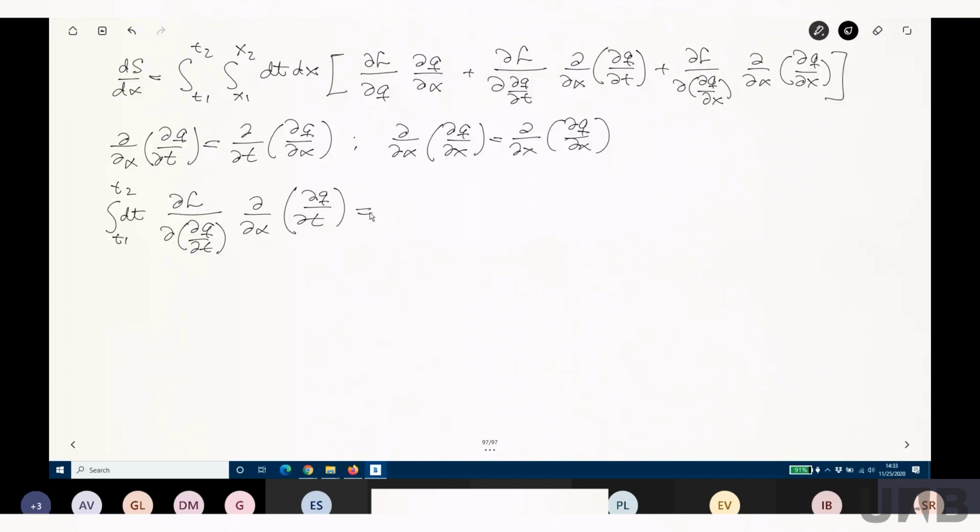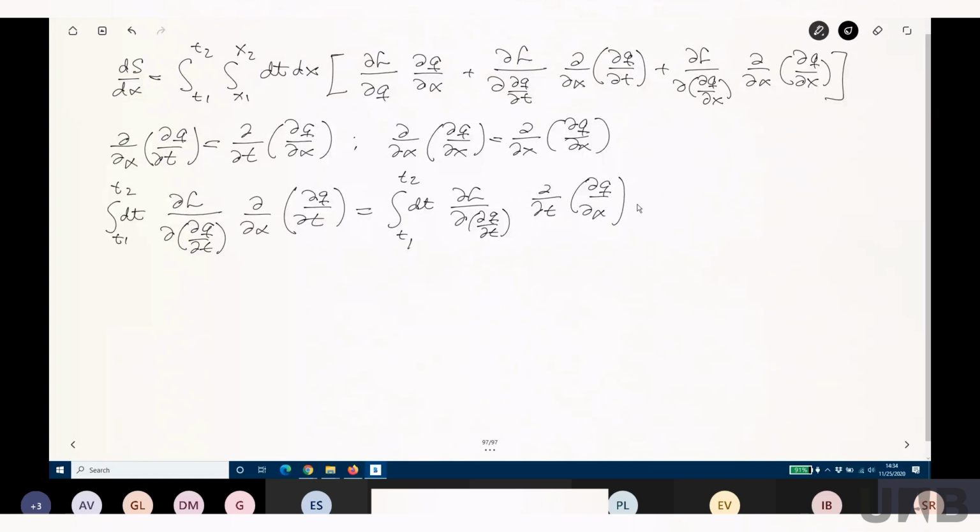It's the same strategy. We just commute these two derivatives. So that's the integral from t1 to t2 of the derivative of L with respect to the derivative of q with respect to t, times the derivative with respect to t of the derivative of q with respect to alpha. And we integrate by parts.